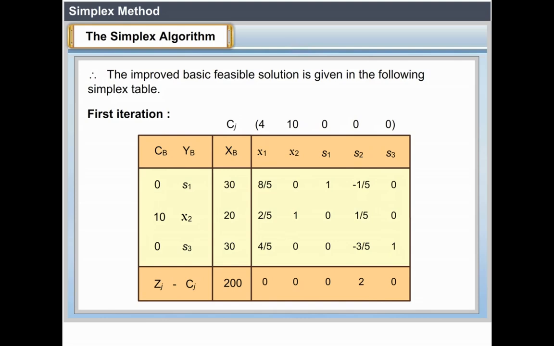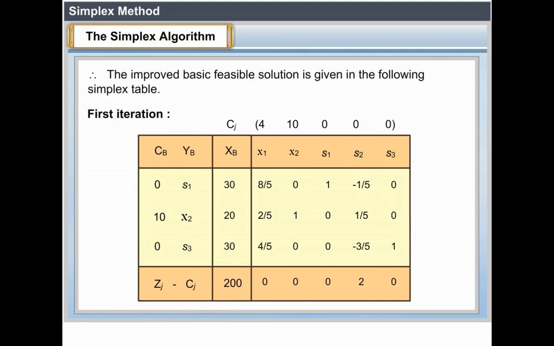Second row: 10 for CB, X2 for YB, 20 for XB, 2 by 5 for X1, 1 for X2, 0 for S1, 1 by 5 for S2, 0 for S3. Third row: 0 for CB, S3 for YB, 30 for XB, 4 by 5 for X1, 0 for X2, 0 for S1, minus 3 by 5 for S2, 1 for S3.